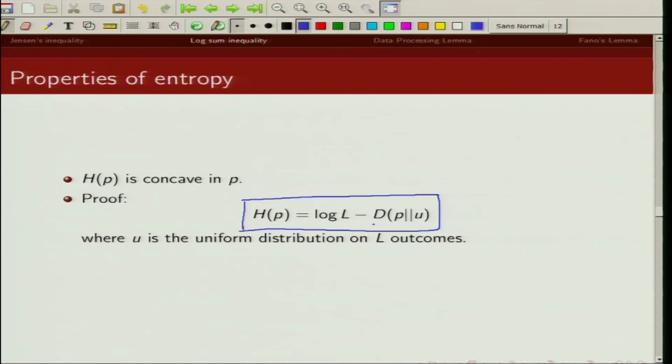We have already shown that the divergence function is a convex function, so minus of a convex function will be a concave function.